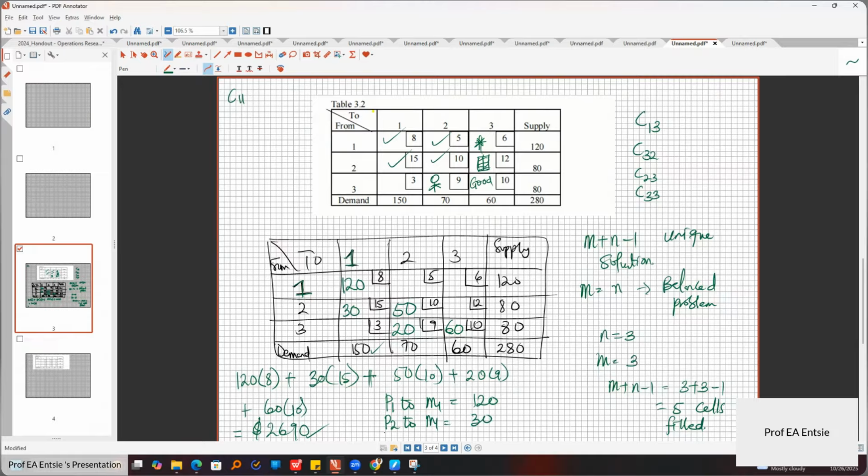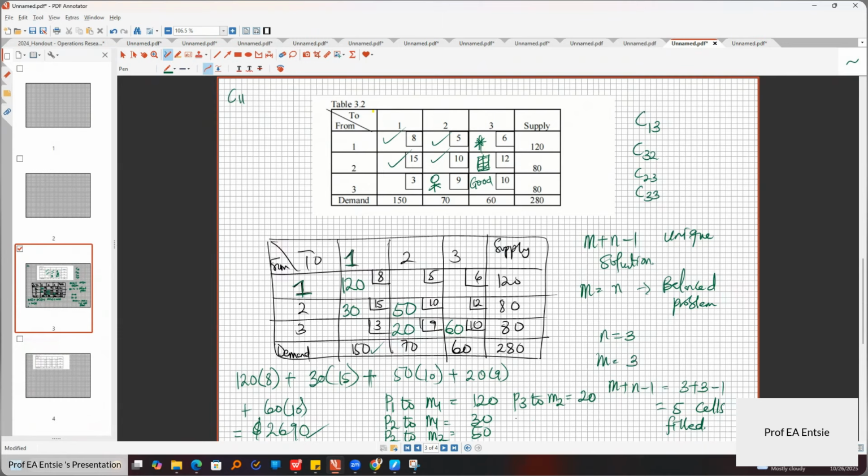The number of concrete I can transfer from the same plant two, this time to mine two, I'm using M for mines, mine two is 50. The number of concrete I can transfer from plant three to mine two is 20 tons.